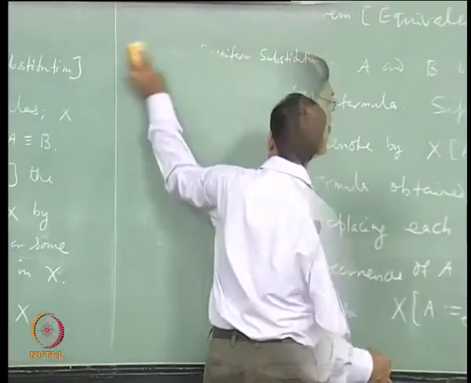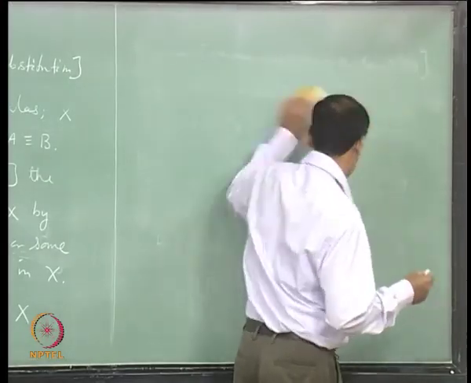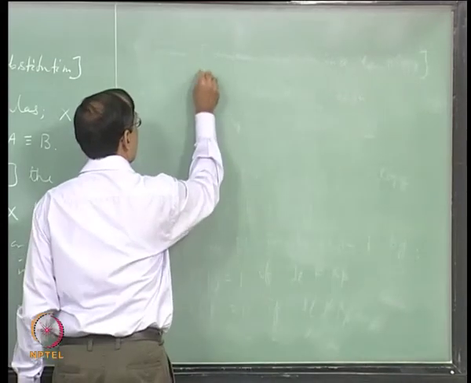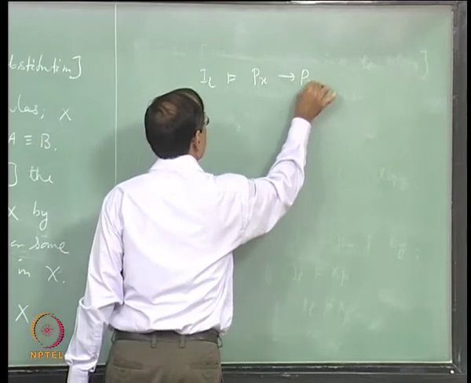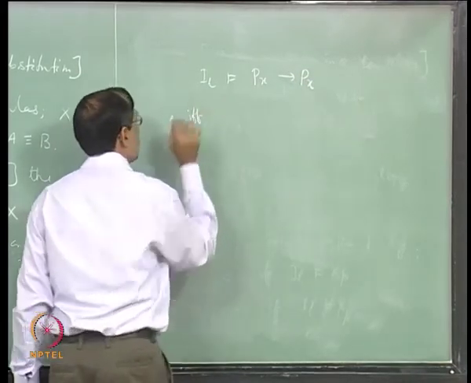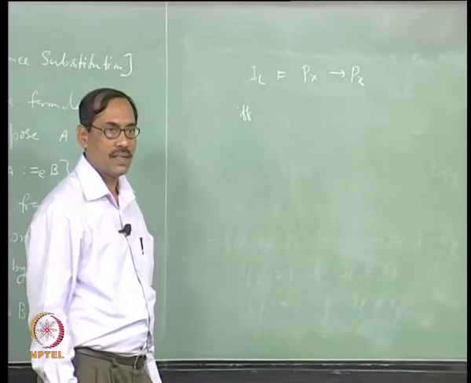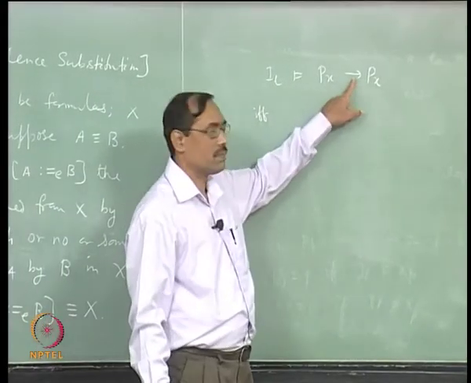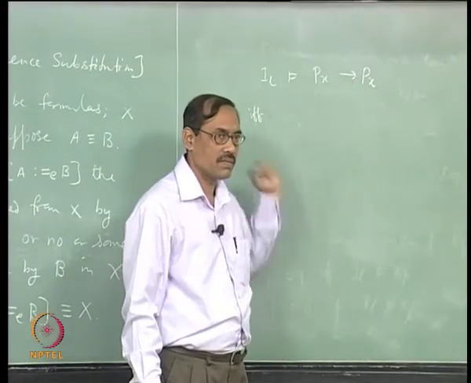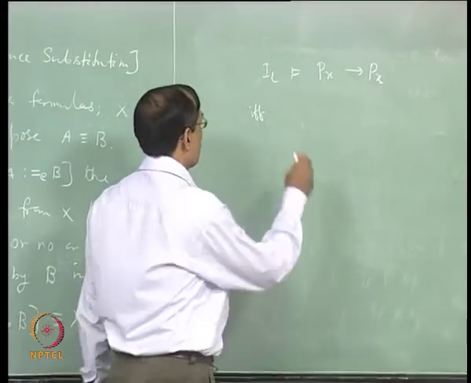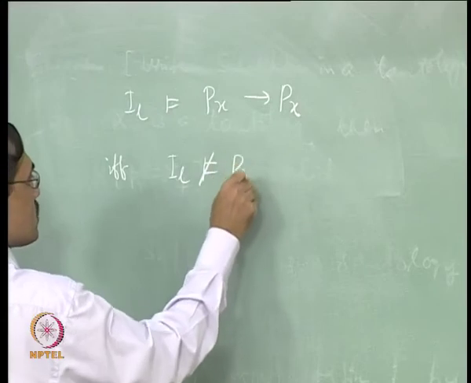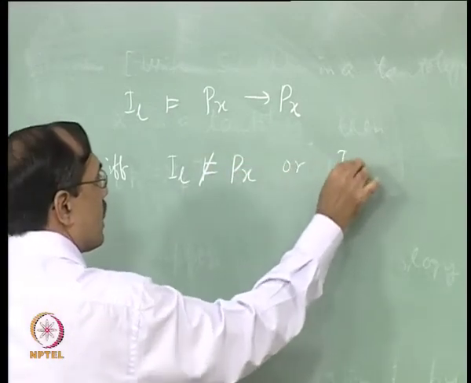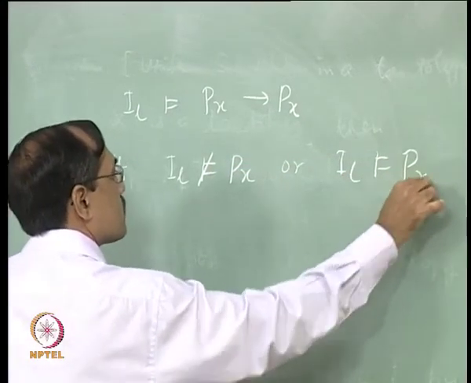So, how do we proceed? Our formal semantics asks us to do the following. We say I L satisfies P x implies P x if, next step is we will use the semantics of implies, that connective arrow. So, that says I L does not satisfy P x or I L satisfies P x, it will come to this, right.